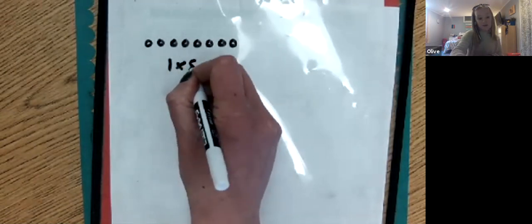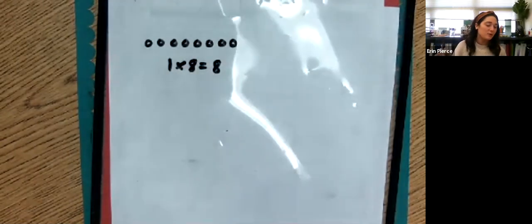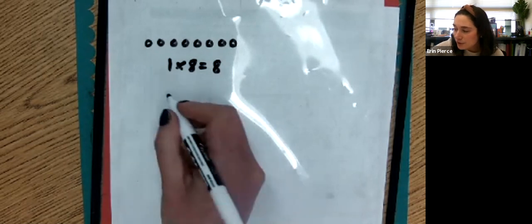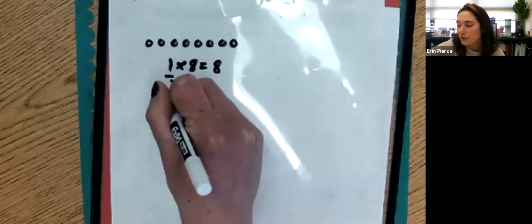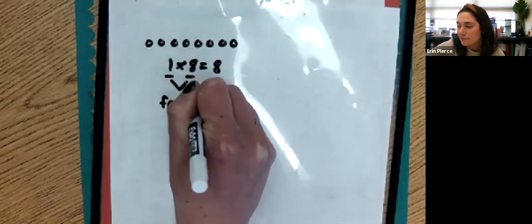What is my number sentence for this array? Olive. 1 times 8 equals 8. Yep. 1 times 8 equals 8. So both of these, underline that. You can label that as your factors.